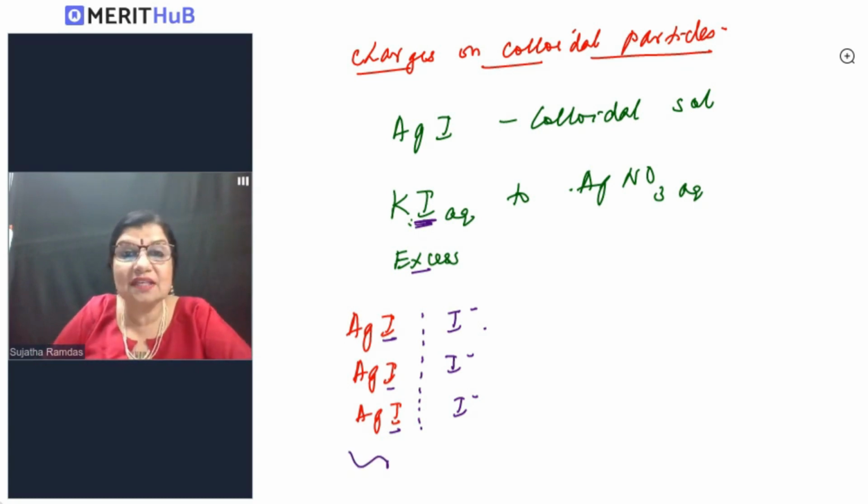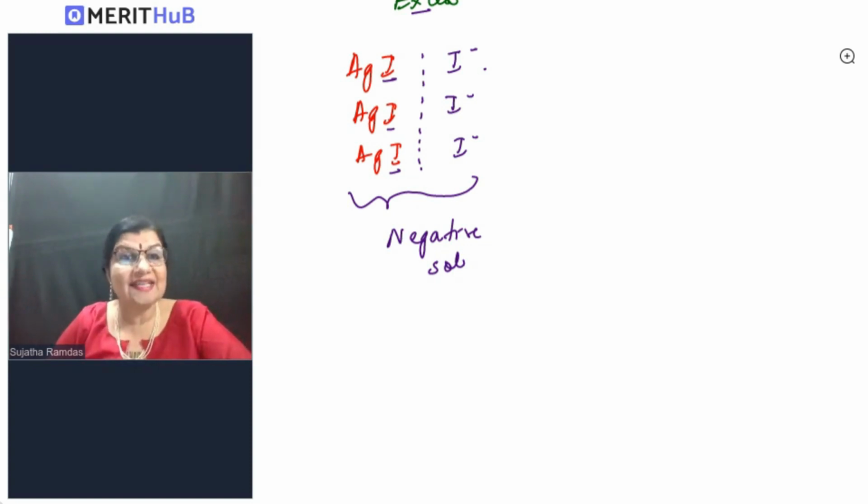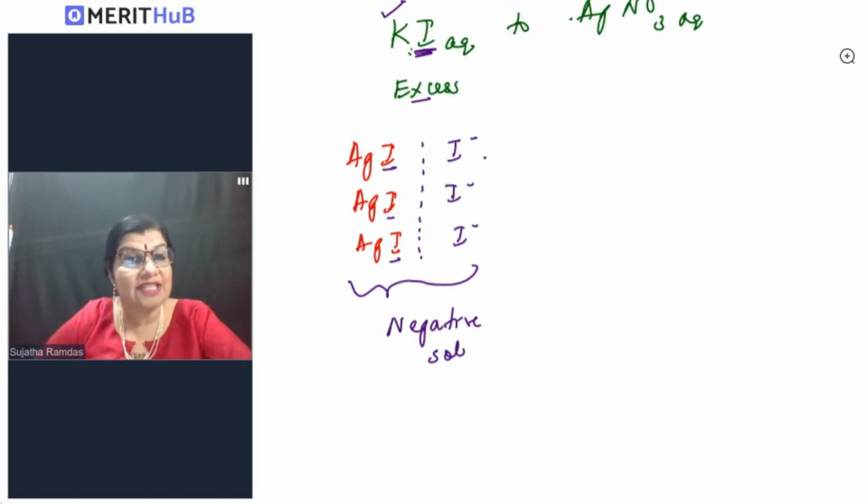And what does this result in? This results in the silver iodide colloidal particles attaining a negative charge. So a negative sol is prepared in this manner. Now, apart from the excess iodide ions, there are also excess potassium ions.